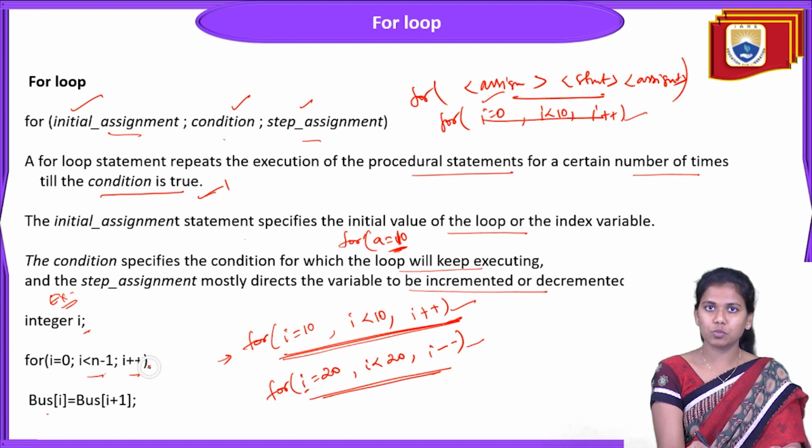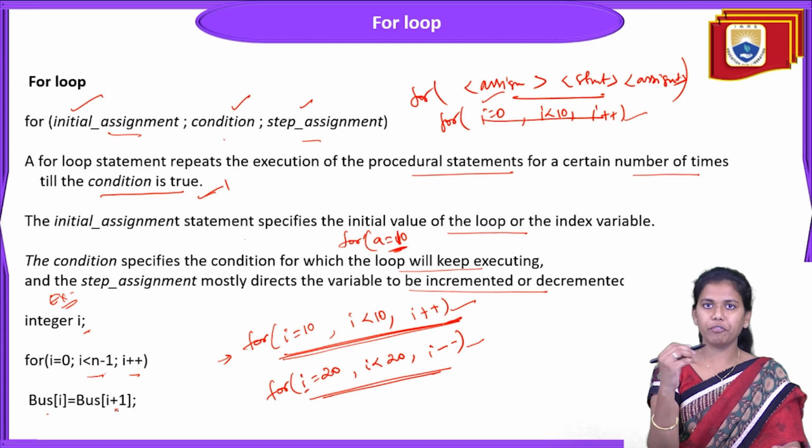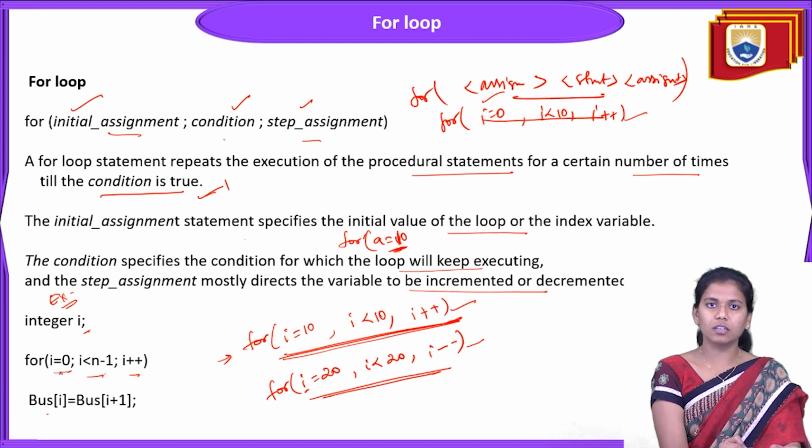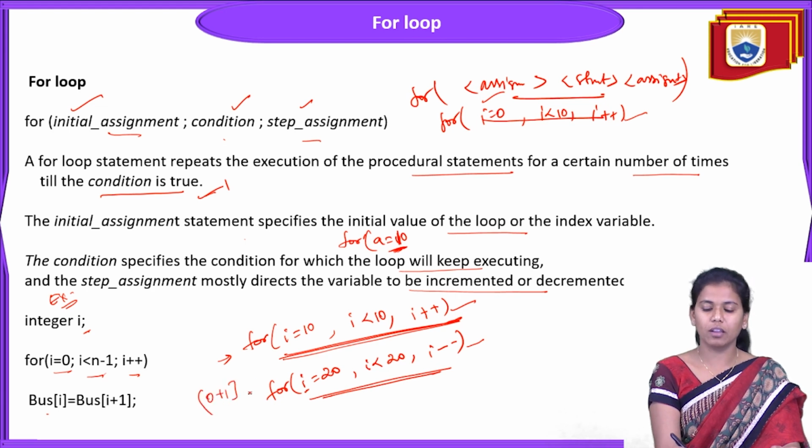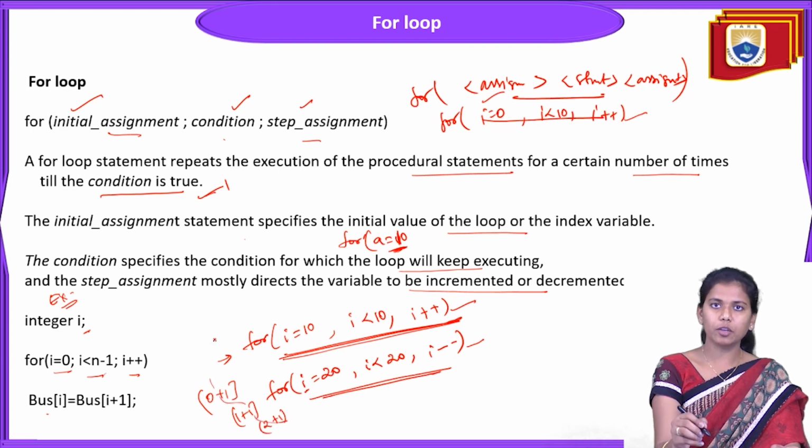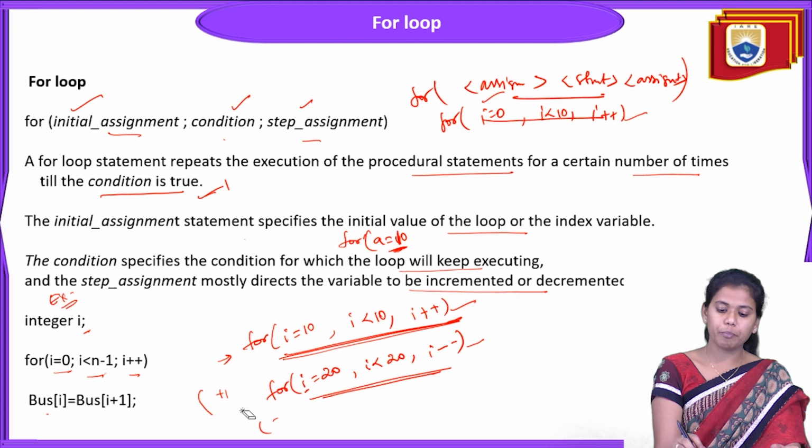I plus plus. So for each and every point, I'm incrementing with the initial value that I've considered. Here I've considered 0. So next step 0 plus 1, and the next plus 1 plus 1, then next plus 2 plus 1. Like that I have to increment. Why? Because this is my step assignment.